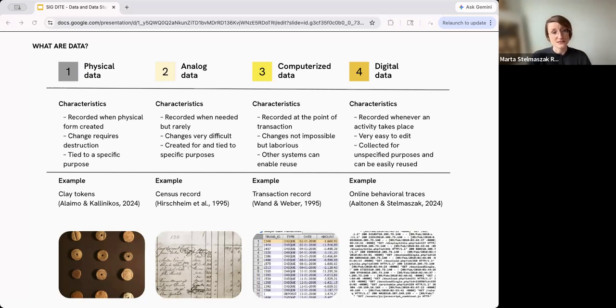But what we also see, interestingly enough, in here is that other systems can enable the reuse of this data. So we can take some of the existing records and, for example, analyze, and that's how we begin to do first analytics, analyze, for example, which store has more transactions than another one. So that was enabled largely by the ability of other systems to connect to this data.